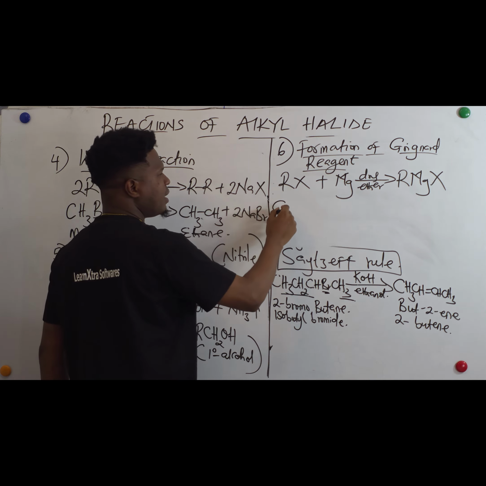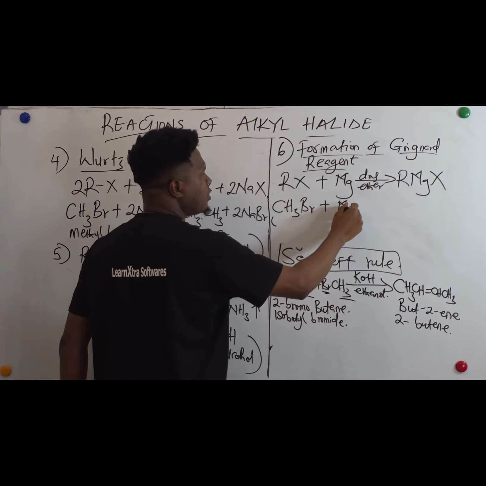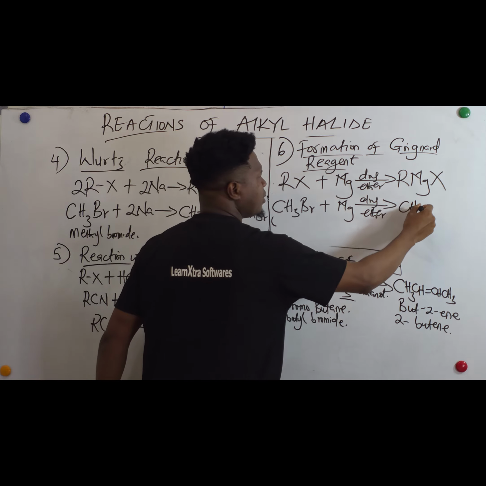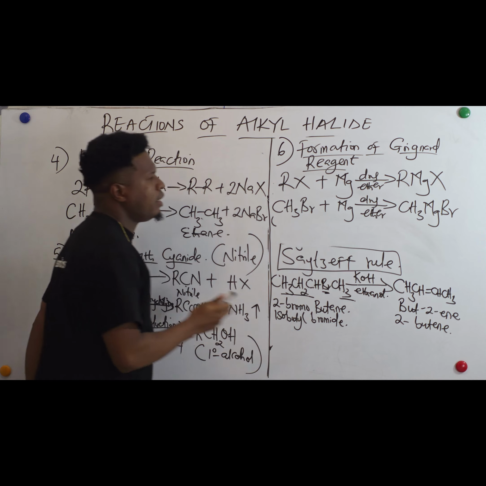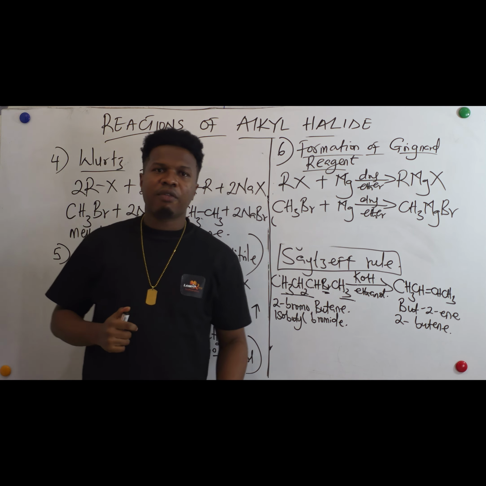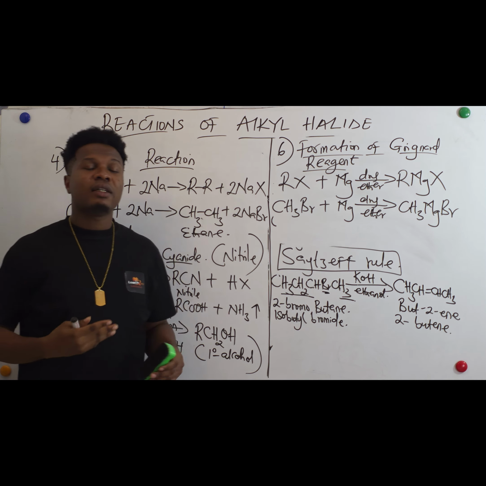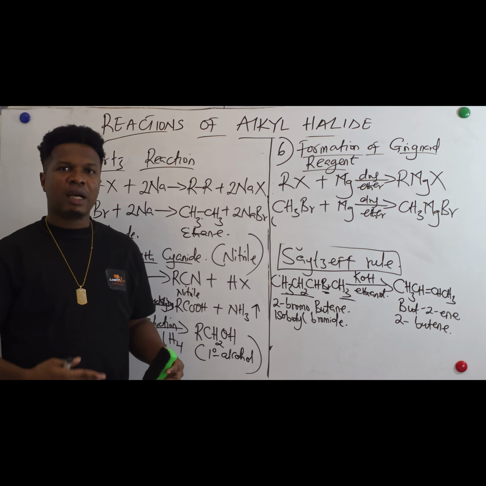So if you have, let's say, CH3Br plus magnesium in the presence of dry ether, you're going to have methyl magnesium bromide. That's a simple reaction involving the formation of Grignard reagent using an alkyl halide, magnesium, and dry ether.